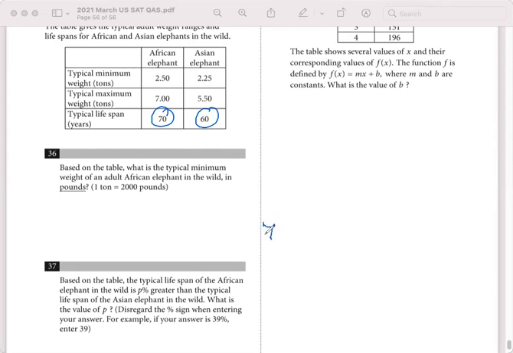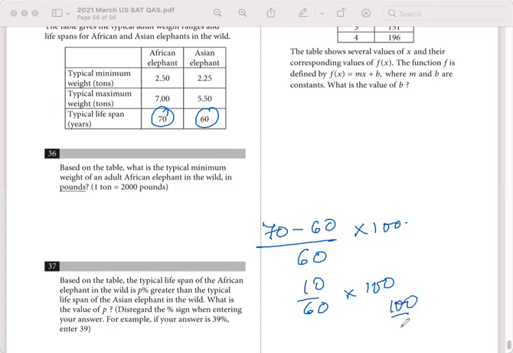So that would be 70 minus 60 by 60 into 100, right? And that's 10 by 60 into 100. I'm making sure that I've picked the right values. Yeah, so that becomes 100 by 6.